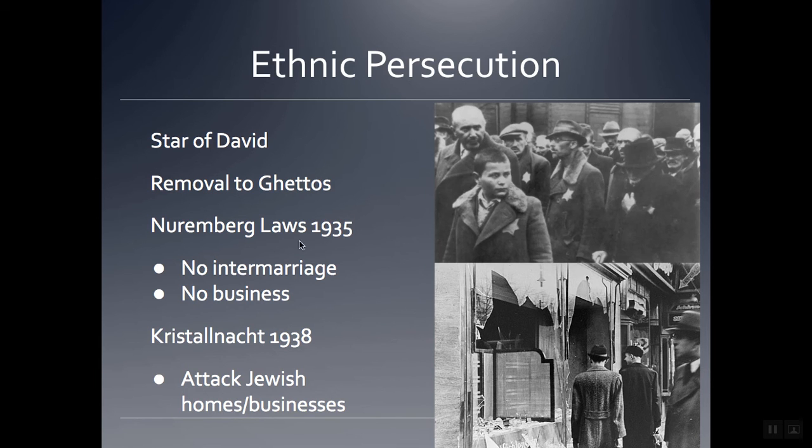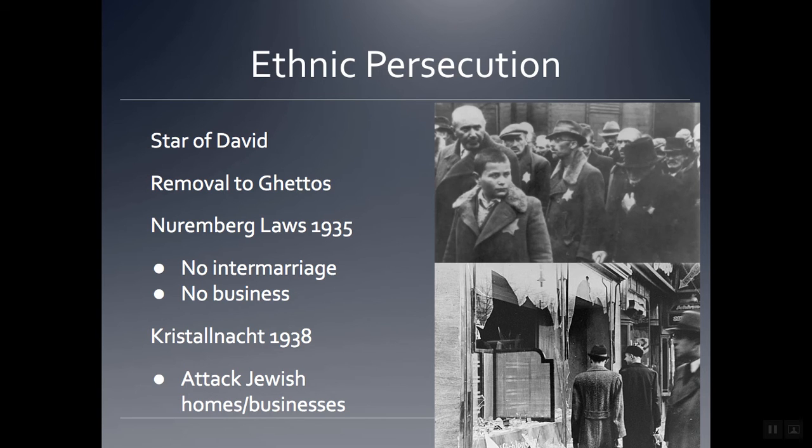They were subject to a series of stricter and stricter laws. These are called the Nuremberg laws. And they start off with laws about no intermarriage, laws about losing your citizenship to Germany just based on if you're a Jew or not. And then they intensify as the years go on.